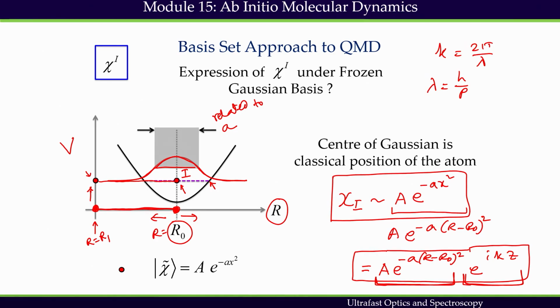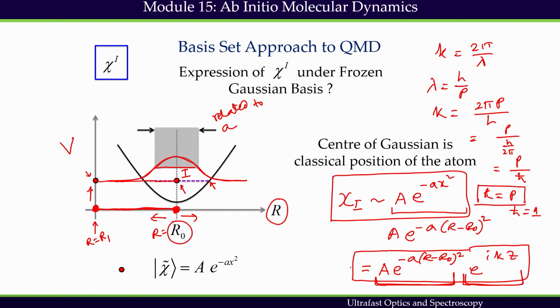Thus the wave vector in momentum space can be given as k equals 2 pi p by h, or in other words p by h bar, the reduced Planck constant, and in atomic units k becomes p because h bar is taken to be 1. So k is nothing but p.